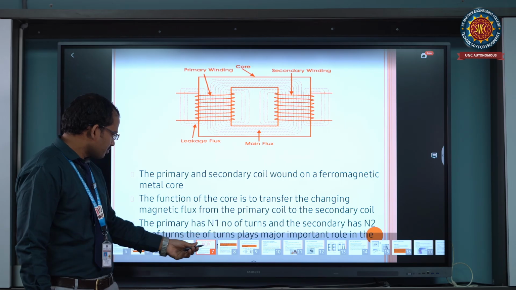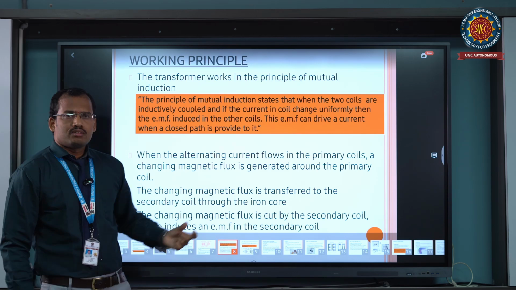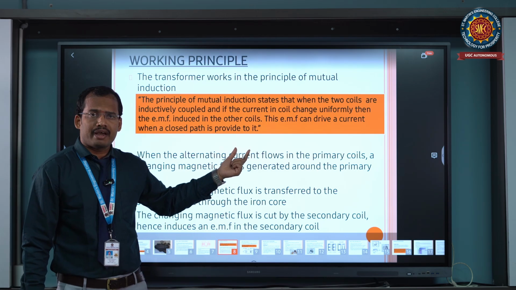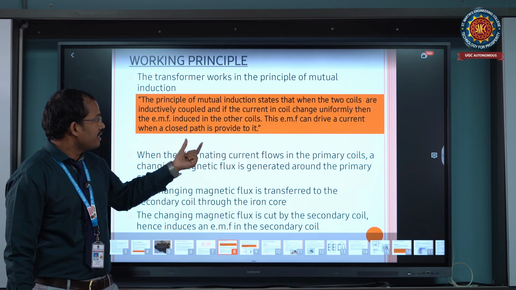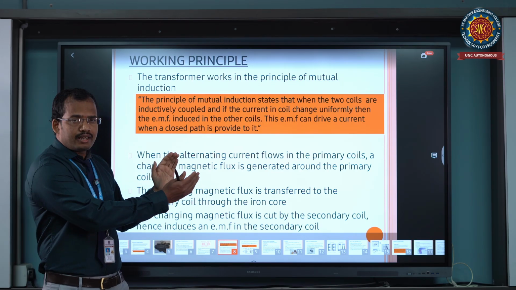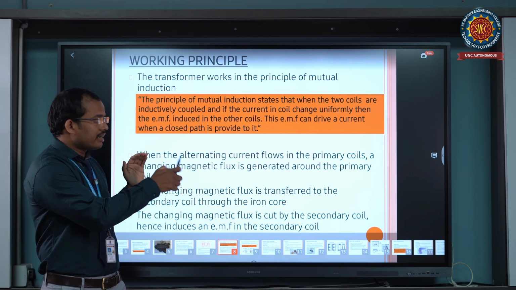And next, the working principle of the transformer. The main working principle of the transformer is the electromagnetic induction principle, or mutual induction principle. Electromagnetic or mutual induction means the primary and secondary are not connected physically.